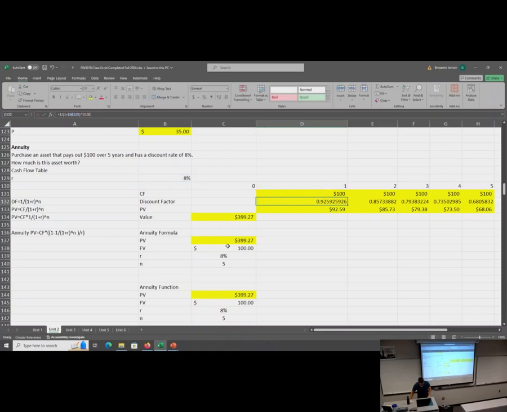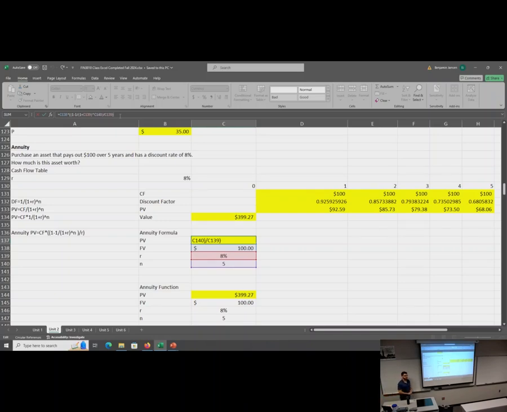The annuity formula. Yes. All right, so that's going to be the cash flow times, open two parentheses, 1 minus 1 divided by our discount factor, or 1 plus the discount rate, close parenthesis, raised to the year, close another parenthesis, divided by the discount rate. Any other questions?